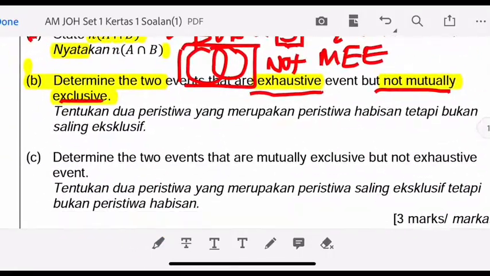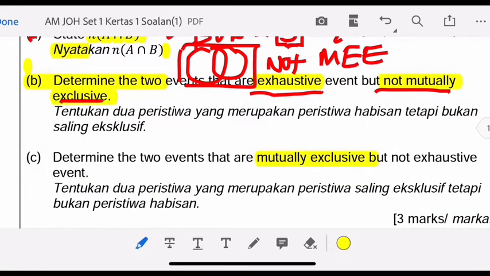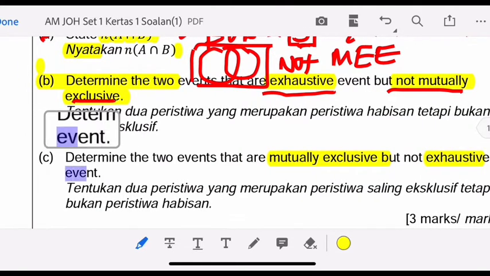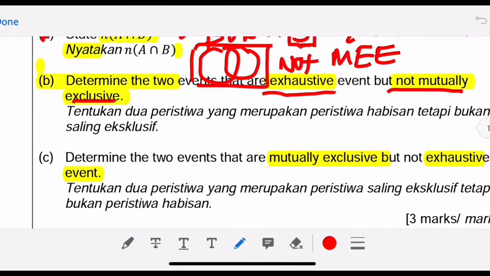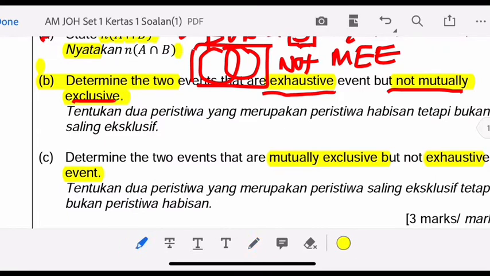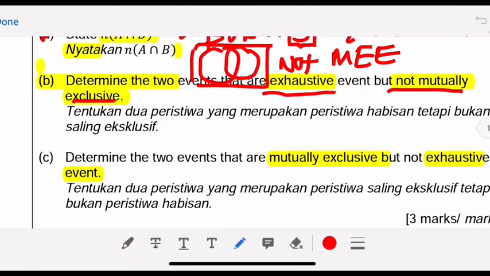C, determine two events that are mutually exclusive but not exhaustive. Not exhaustive means that the elements of the two events do not make up the universal set. So let's check which ones are mutually exclusive.